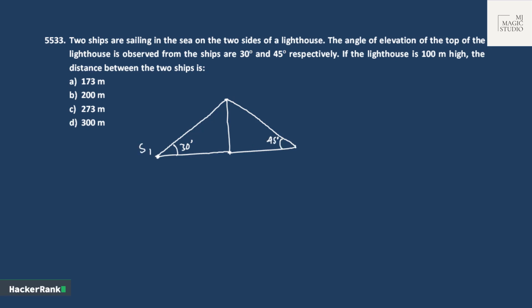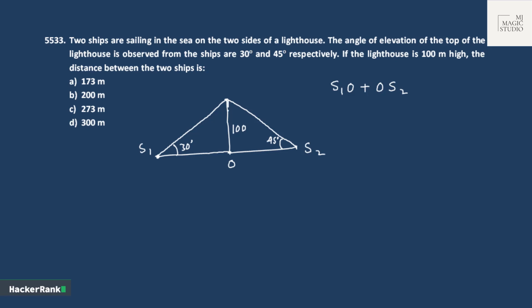These are the 2 ships, S1, S2. If the lighthouse is 100 meter high, this is 100. The distance between the 2 ships, if this is O, we are looking for the distance S1O plus OS2.